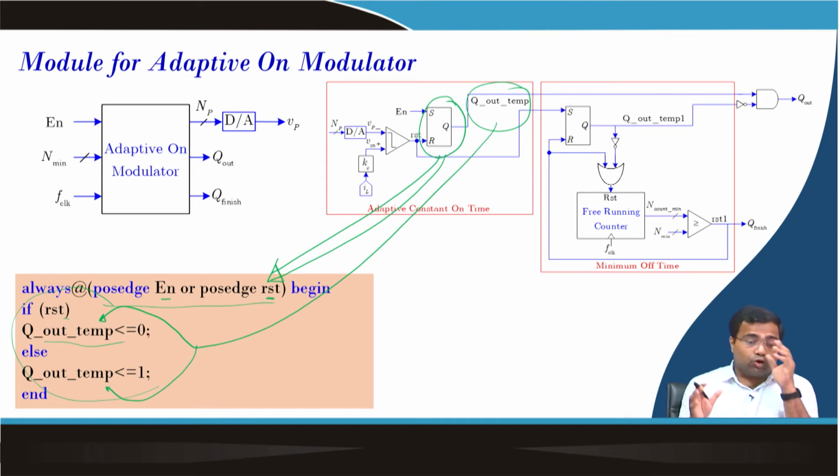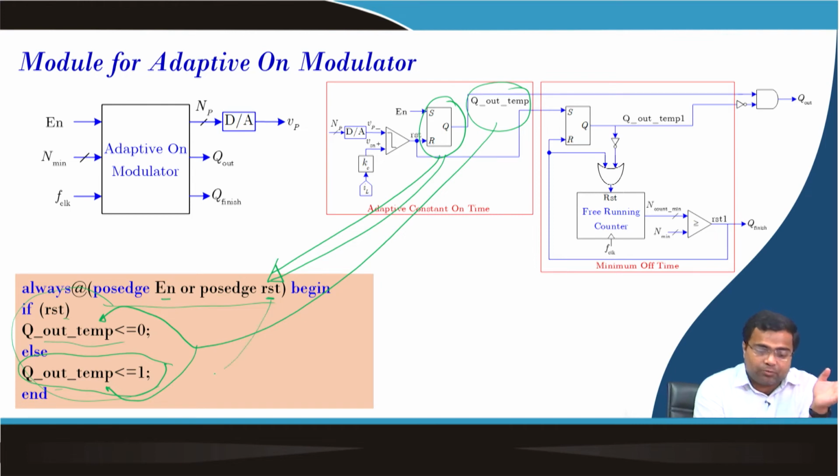But if the reset is low, because it can only enter if the enable edge or the reset edge comes: if the reset edge comes, it will see reset high, and the output will be 0. If the enable edge comes and at that time the reset is 0, then it will take 1. So if the reset is 0 and the enable edge comes multiple times, the output will remain at 1. It will not change the status until the reset comes, and this is a reset dominated pulse, because if the reset comes, then nothing can happen, it has to reset.